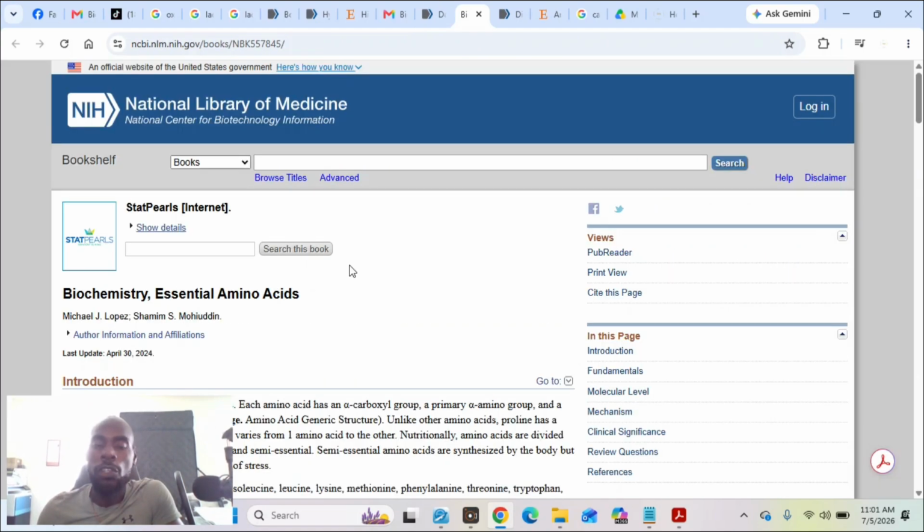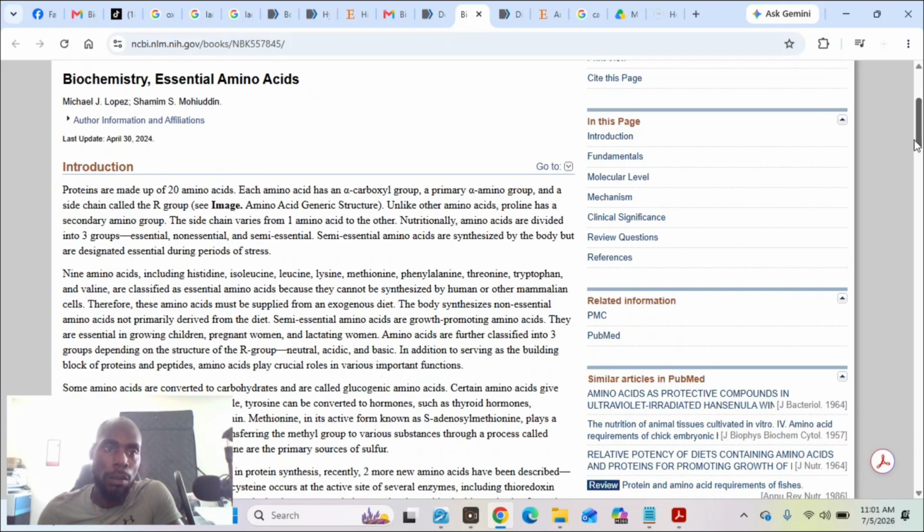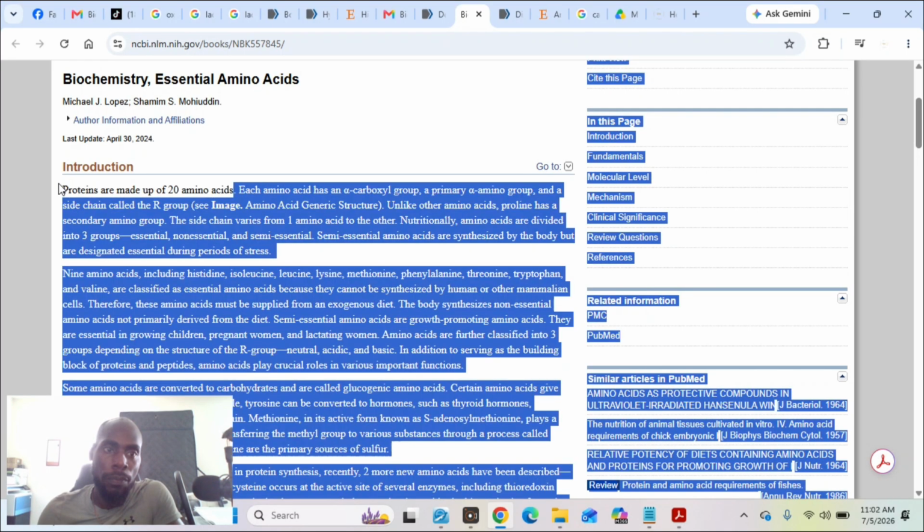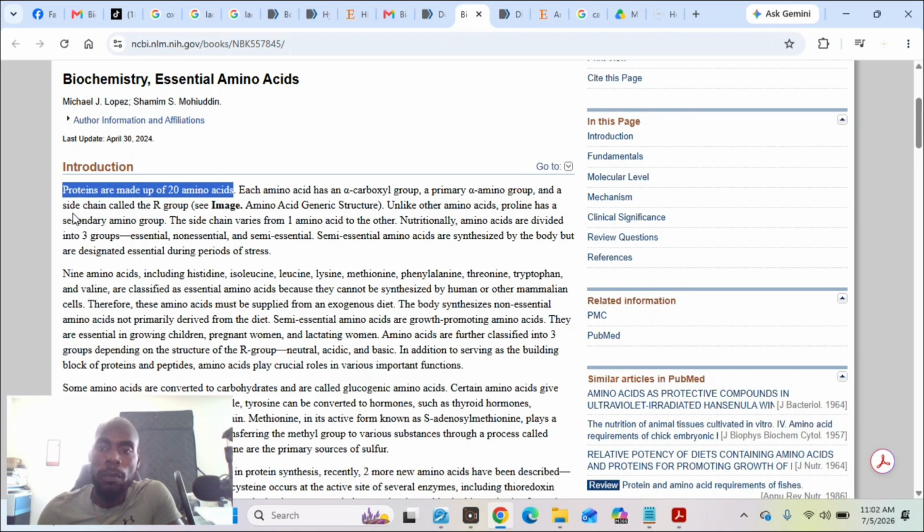We're still in the National Library of Medicine. We're under Biochemistry, essential amino acids. Proteins are made up of 20 amino acids. I'm going to read this again.